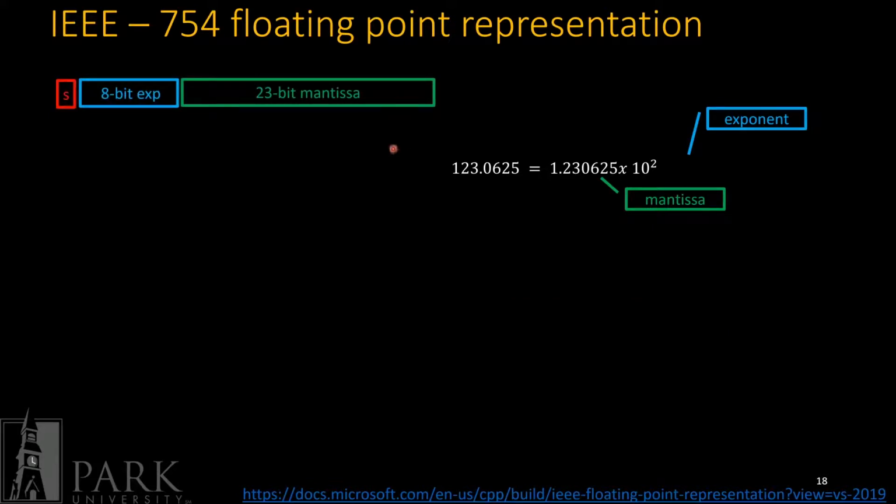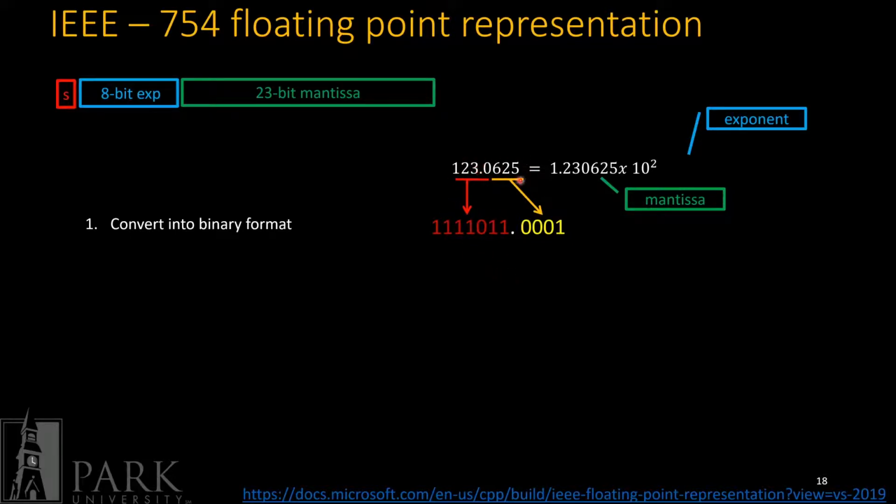So let's convert this number, 123.0625, to its IEEE 754 standard format. First, we're going to convert both sides of the decimal to binary. Now, I'm glossing over the details on how to do this, but it's easy to look up. You're probably familiar with the non-decimal part and how to convert a whole number to binary by now.